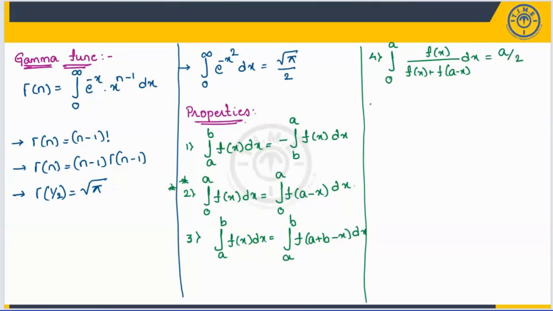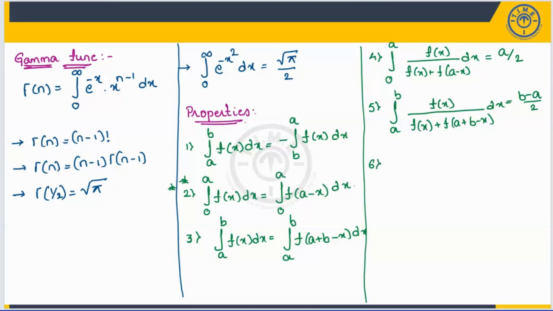And the extension of this, that is integral from a to b f of x by f of x plus f of a plus b minus x dx, that is given by b minus a by 2.